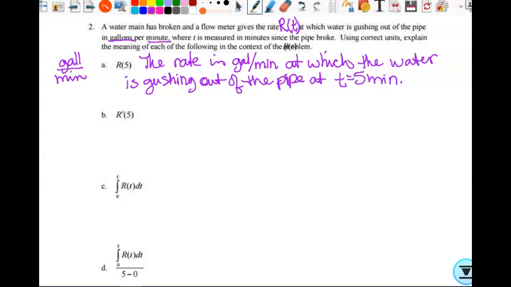So I put the rate in gallons per minute in which the water is gushing out of the pipe at t equals 5 minutes. If you basically said that, but your words are a little different, that's okay.